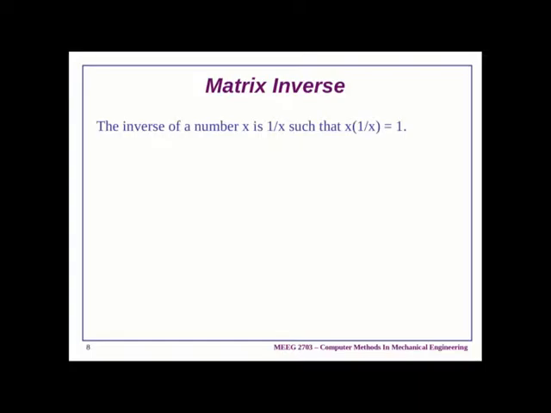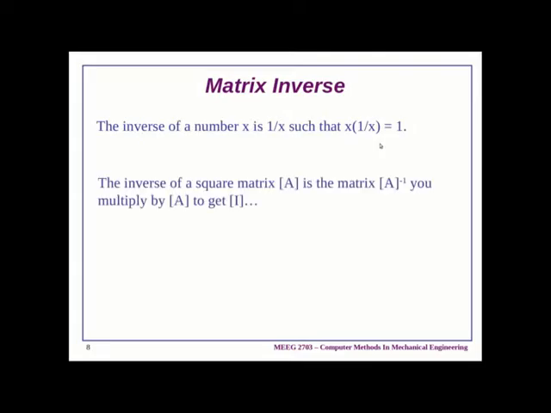Alright, we also need to talk about the matrix inverse. So the inverse of a scalar or a number is just 1 over that number, so that when you multiply a number by its inverse, you get 1, which is shown here. Well, the inverse of a matrix does the same thing. So if you multiply some matrix A by its inverse, the inverse here is denoted by raising it to the -1 power, it doesn't actually mean that you raise each element to the -1 power.